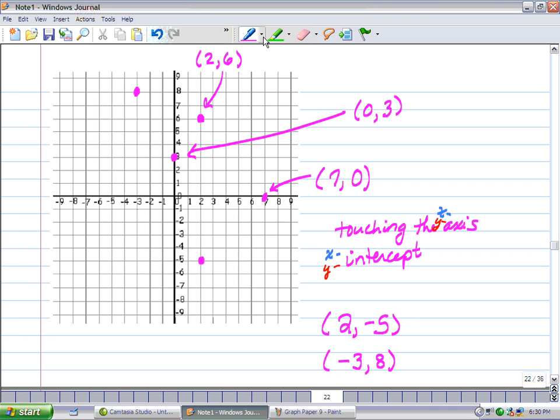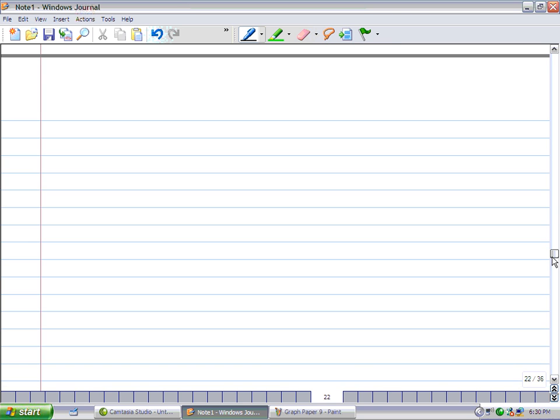Okay. Often, instead of writing these points out in parentheses like this, we write them in a table. Sometimes people call this a t-table. So the x-coordinates are under the x column, and the y-coordinates are underneath the y.